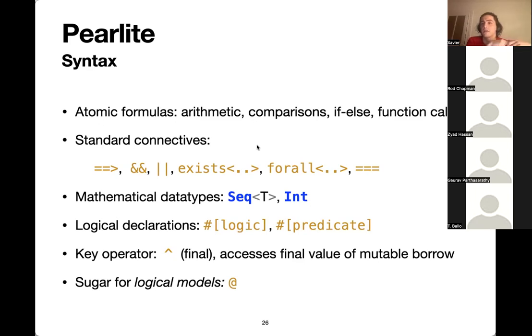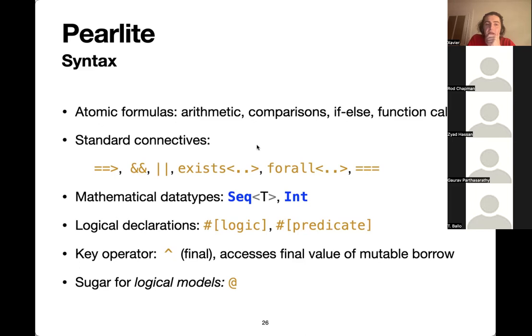We have the ability to write implications, conjunctions, and disjunctions. We also have quantifiers. Pearlite may look, as you'll see on the next slide, a lot like Rust code, but is really quite different. We have the ability to talk about things which can't be executed because we're essentially just writing mathematical formulas.